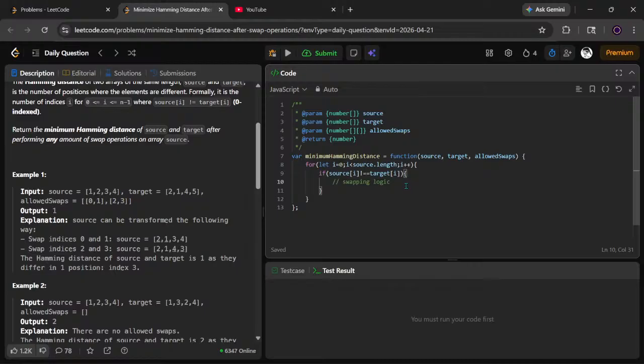I think we need two pointers for that. Brain is not braining. What the hell? Do I need to maintain pointers right now?